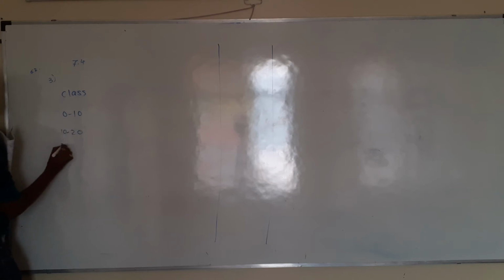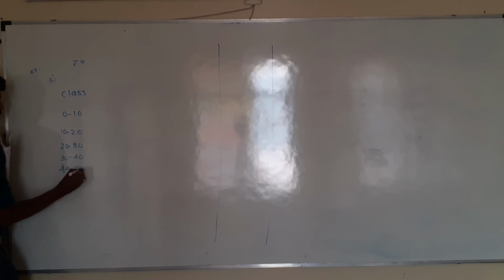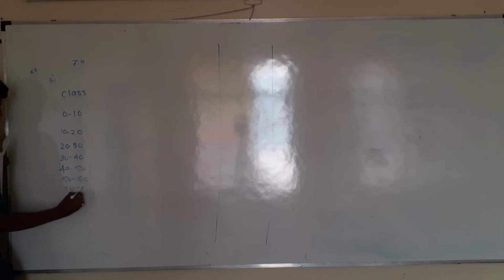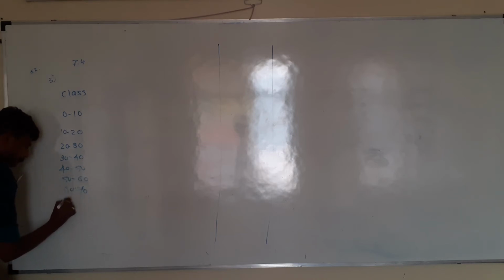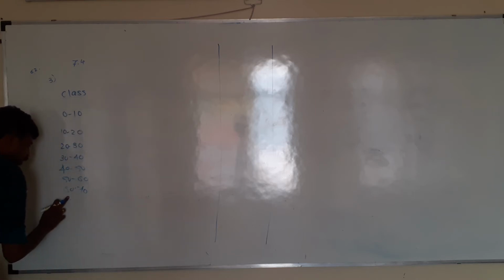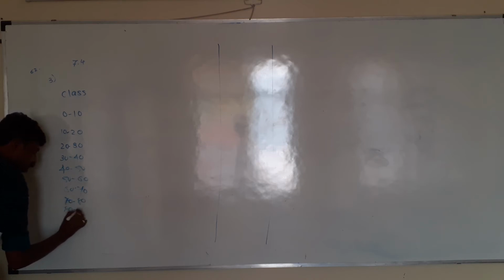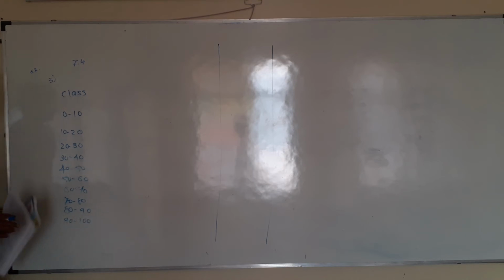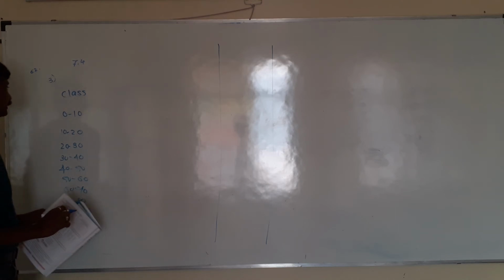Then 10 to 20, 20 to 30, 30 to 40, 40 to 50, 50 to 60, 60 to 70, 70 to 80 will be the next class, 80 to 90, and 90 to 100. As the marks are out of 100, we need classes till 100.